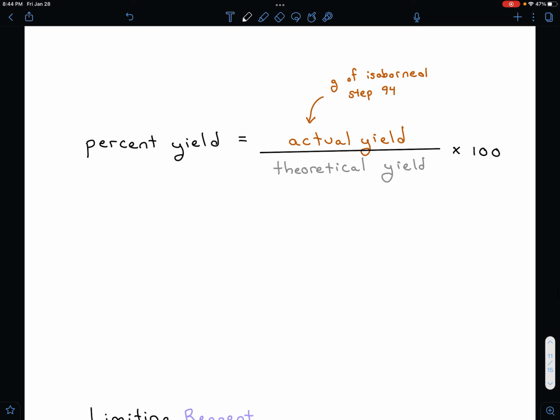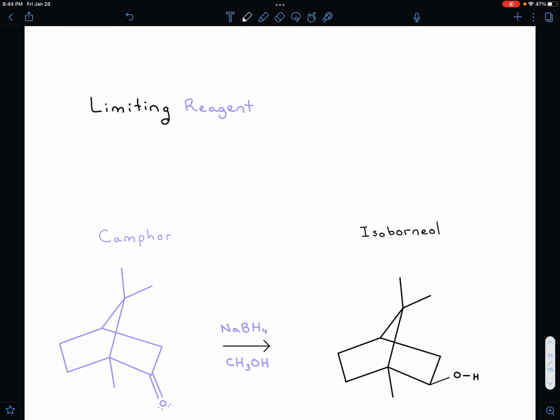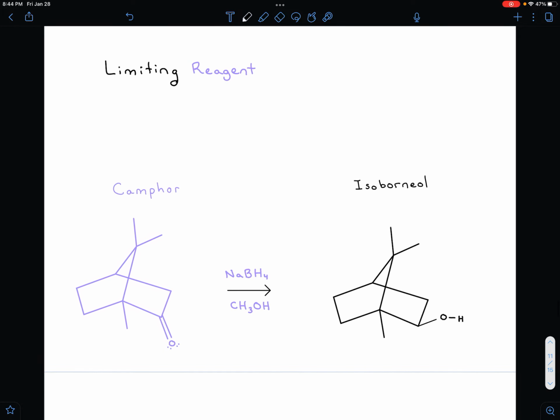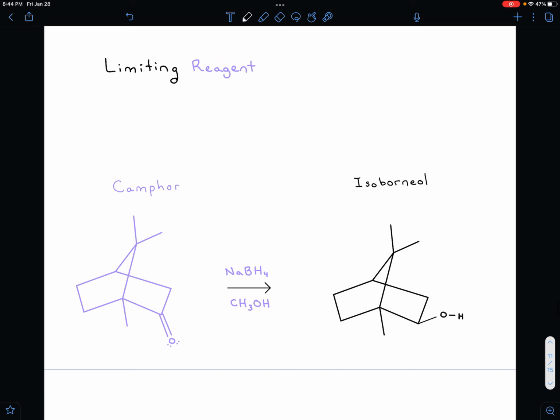You start with the reagents. You look at the reagents you have, and the assumption when you calculate the theoretical yield is that all of those reagents got turned into product that you could collect. So our three reagents in this experiment were camphor, sodium borohydride, and methanol.